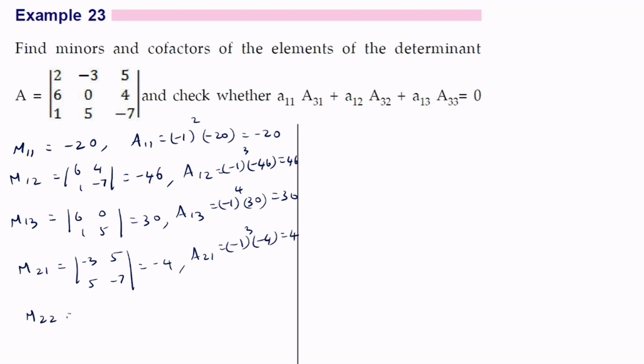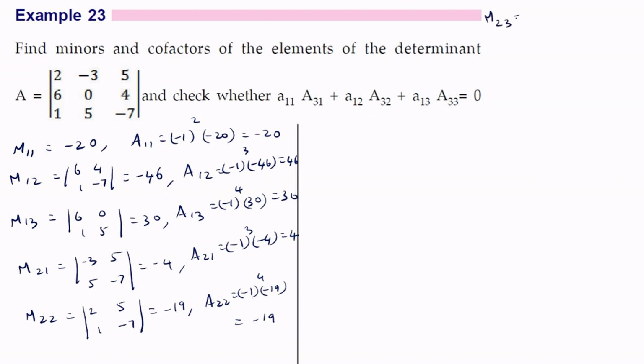Next we have M22. It is the value of the determinant obtained by deleting the second row and the second column. So it is minus 14 minus 5, minus 19. A22 will be minus 1 the whole raised to 4 into minus 19, which is minus 19. And next we have the minor of the element A23.